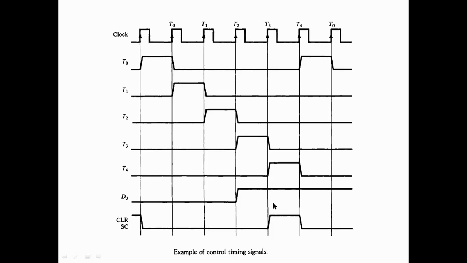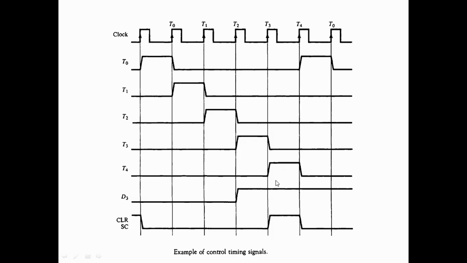When the T3 time cycle is there, we have seen in that particular flow chart that at T3 decoding happens. So the decoder produces this output at T3, and in the next clock pulse T4 the execution will occur.